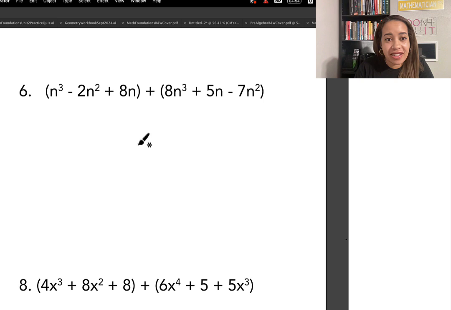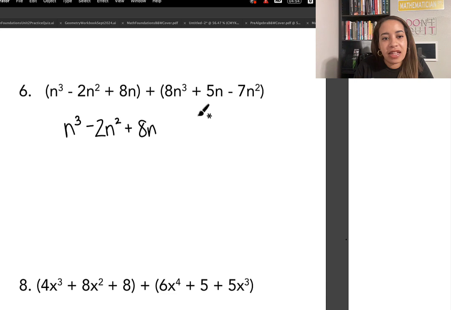Here is number 6. I'm going to start by copying down our first polynomial. We have n to the third power minus 2n squared plus 8n. I'm going to stack up the pieces that look alike.